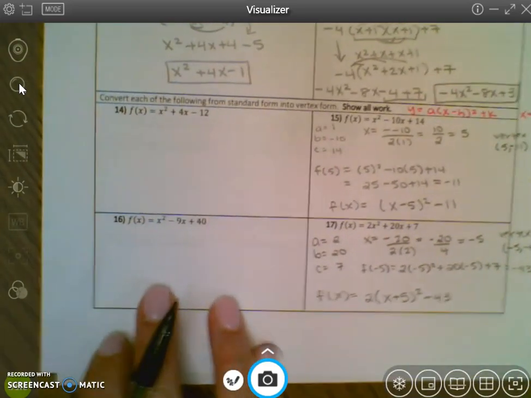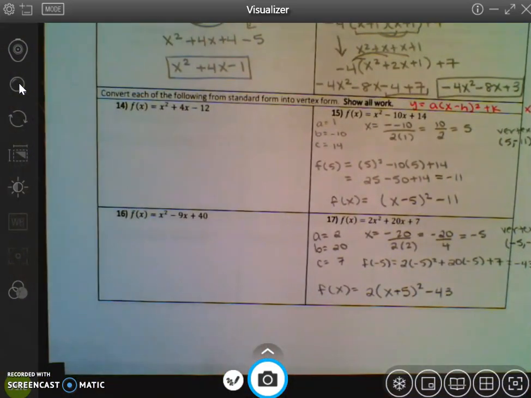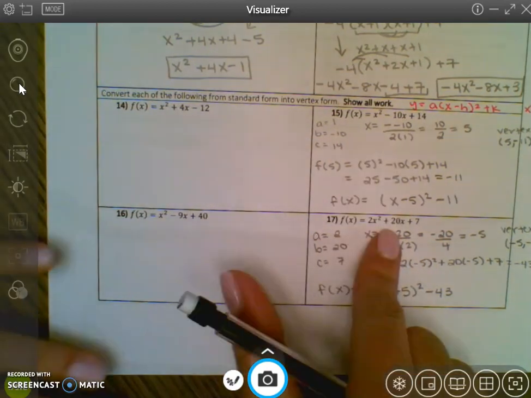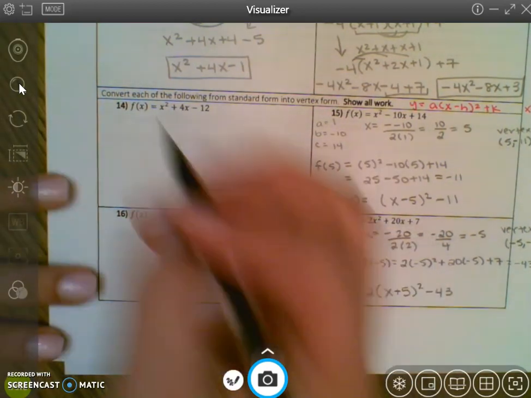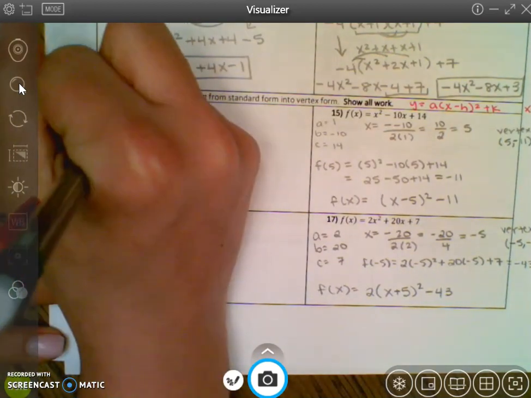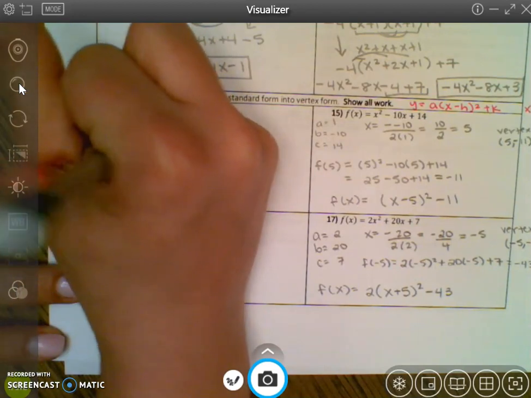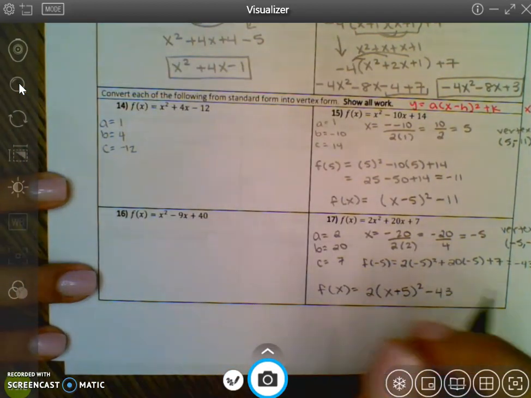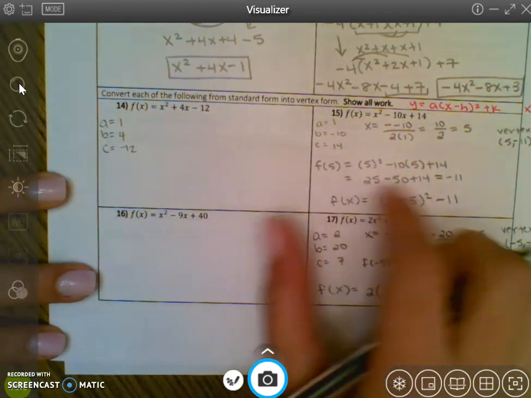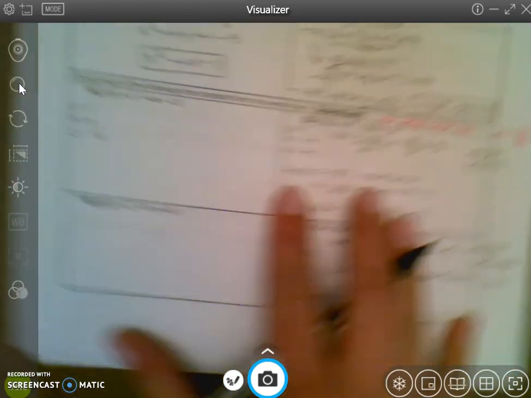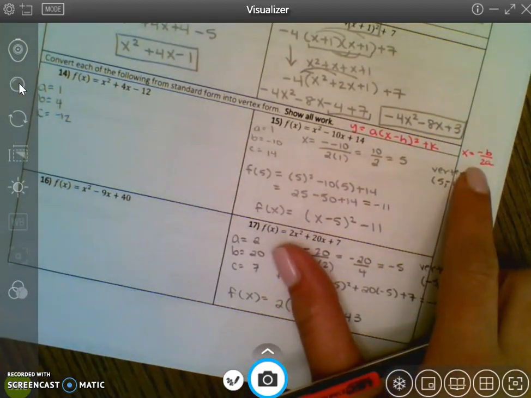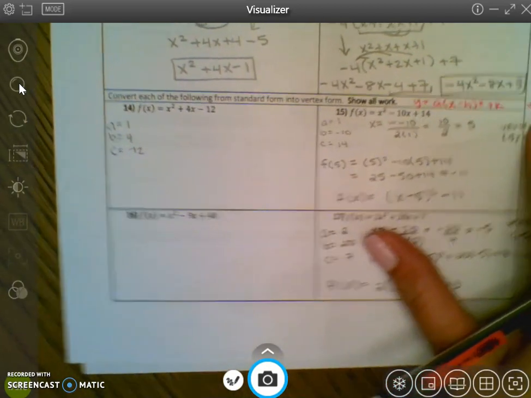Okay. Go down some more. Convert the following into vertex. Okay, so this is where you're going to have some more work. See how much work I have over there? So I need my ABCs. So 1, 4, and negative 12. And then we're going to be using x equals negative b over 2a, which I showed in yesterday's video, the other video.